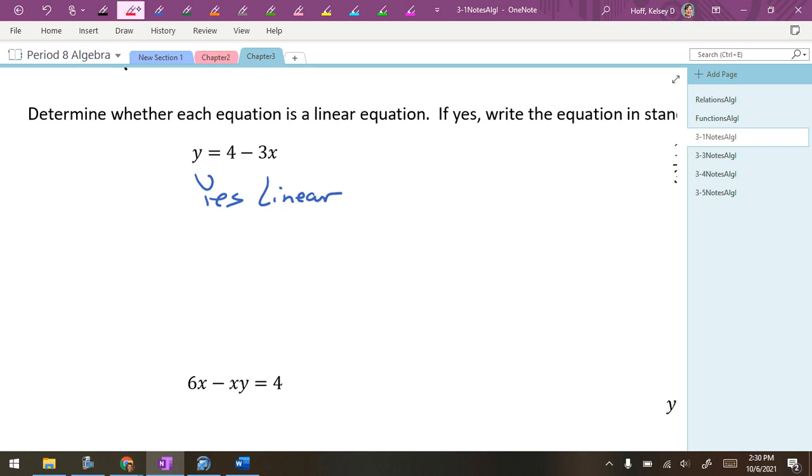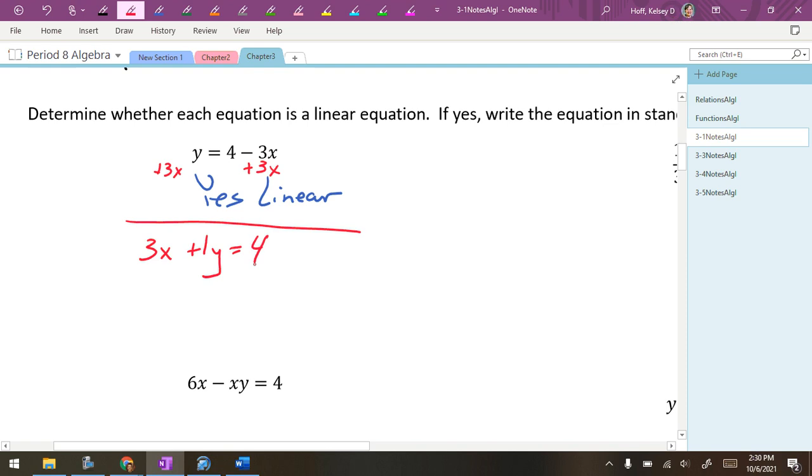If I add 3x to the other side of the equal sign, I have a positive 3x, a positive 1y equals 4. Is x positive? Are x and y on one side and everything else on the other? Do we have fractions? This is standard form.